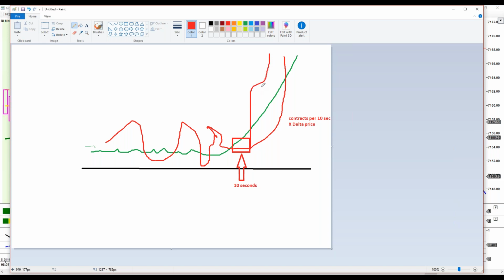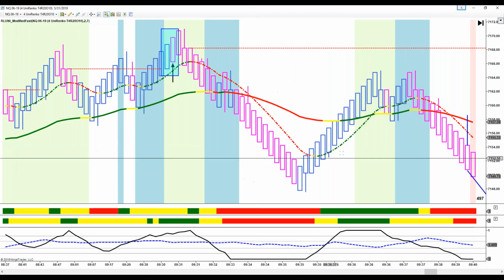It's going to be a much steeper slope than the volume. Because whatever the volume is, if you multiply it times delta price and it goes up 3 ticks, it's going to be 3 times the value, and it's going to skyrocket above that. That's the new indicator. It's almost done, and it'll be an add-on.